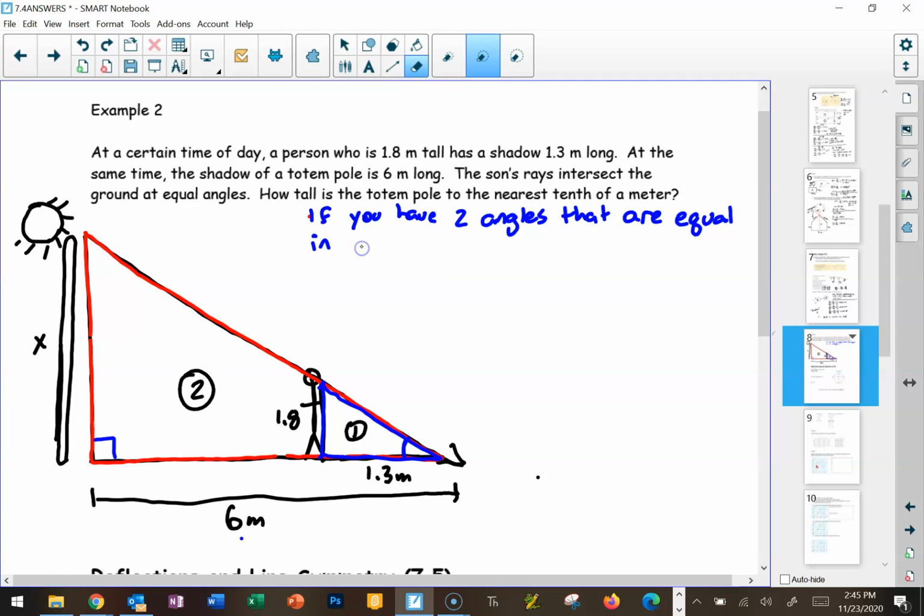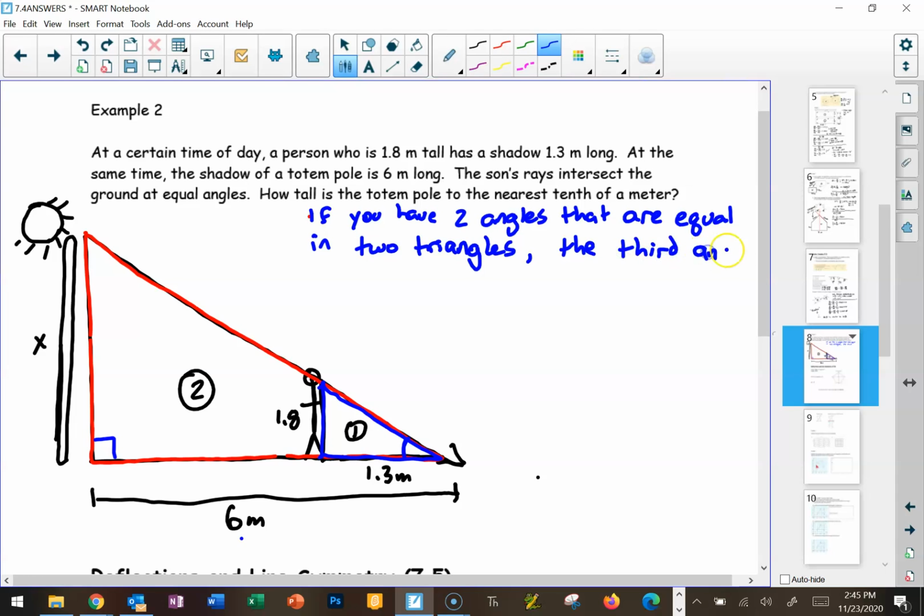If you have two angles that are equal in two triangles, the third angle is also equal. That wasn't really part of the question, but you need to know that all the angles are equal.